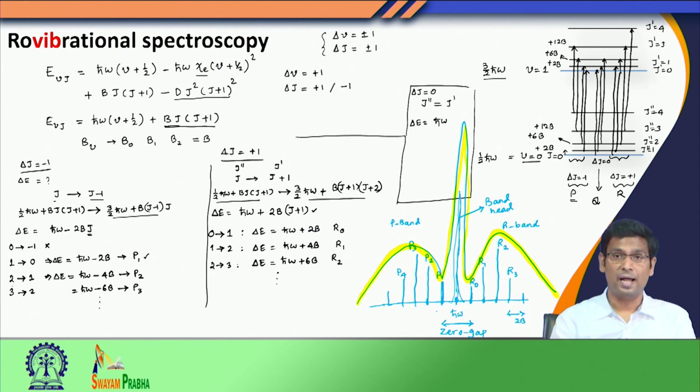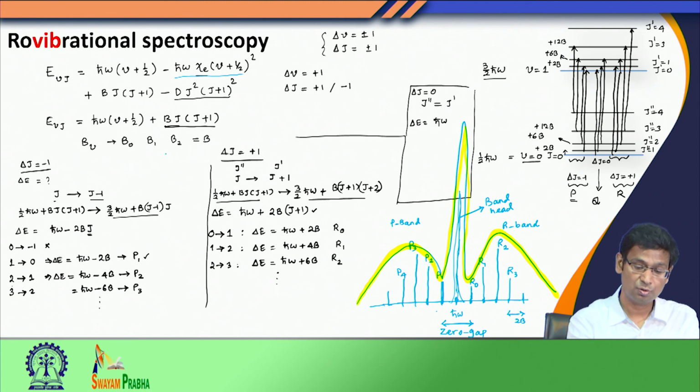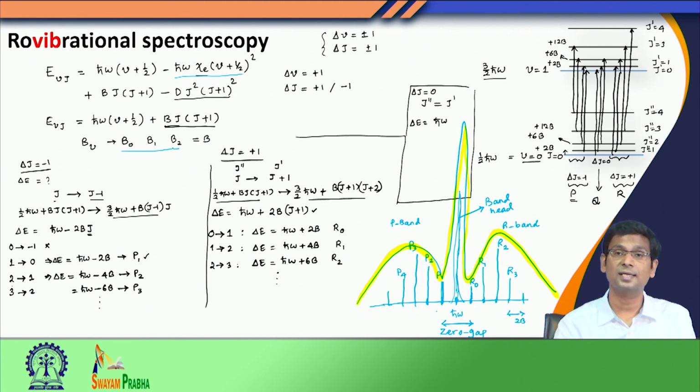In the discussion that we had, of course, we made some assumptions. For example, we ignored the anharmonicity. We also ignored the fact that rotational constants are going to be different for different vibrational levels. So, these simple expressions that we obtained came because the B value, the rotational constant at v equals 1, and the B value at v equals 0, were identical. But we know that is not going to be the case in a real system.